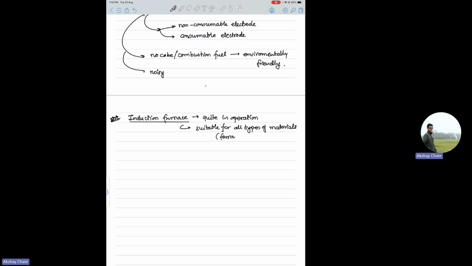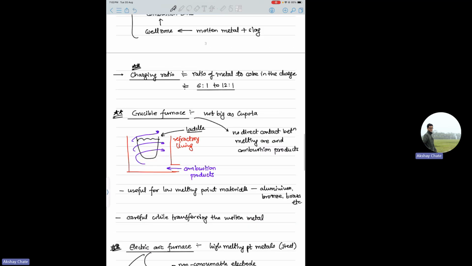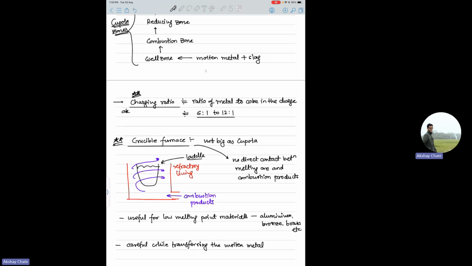So this is basically all materials, ferrous plus non-ferrous. Okay, so that's what it typically means. And one thing before we move on: this charging ratio is also called the melting ratio in some places.